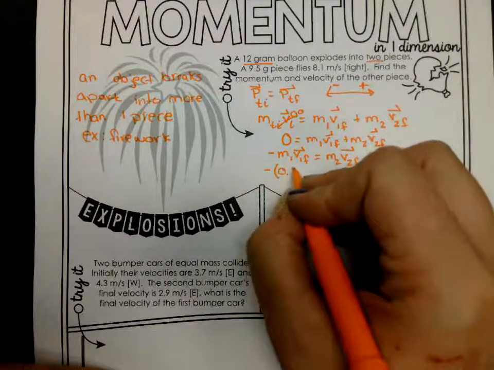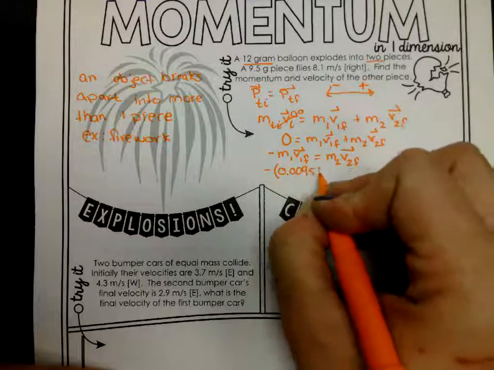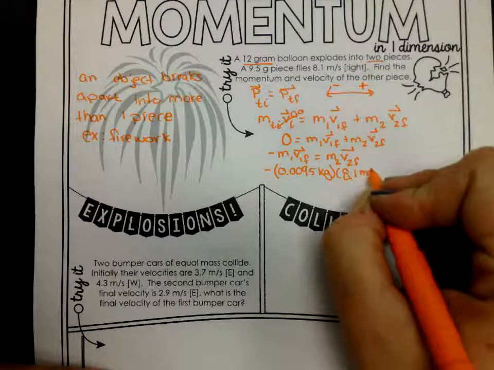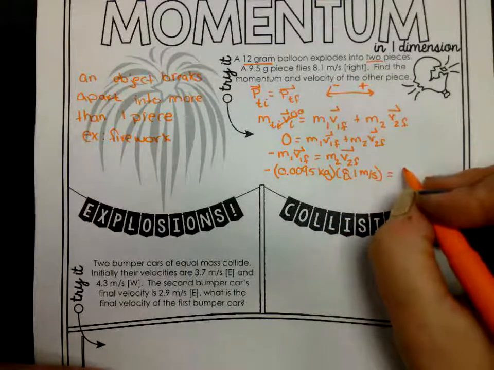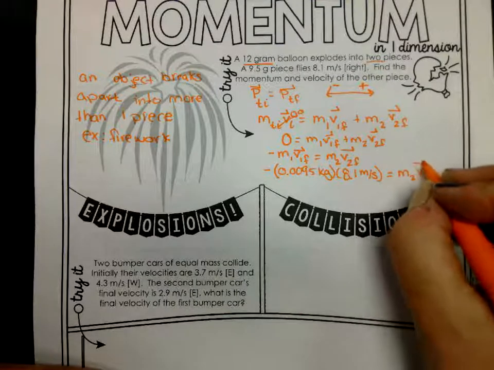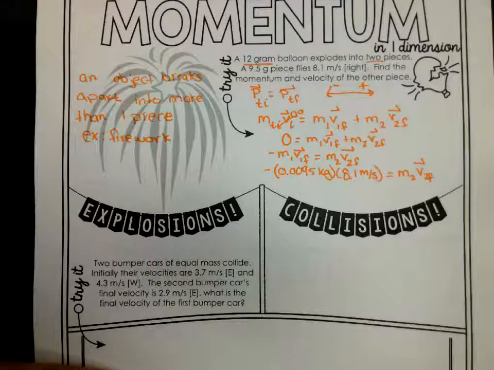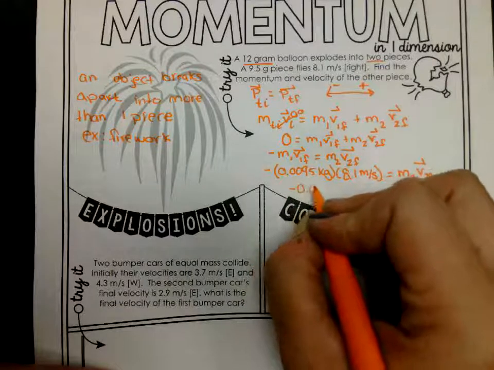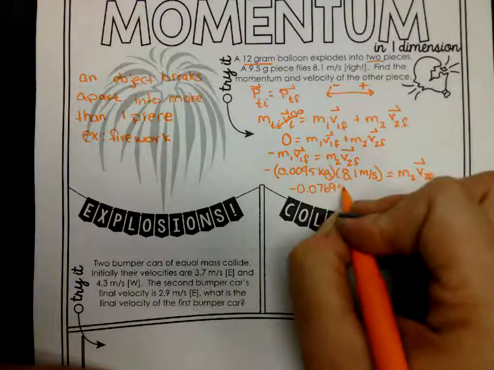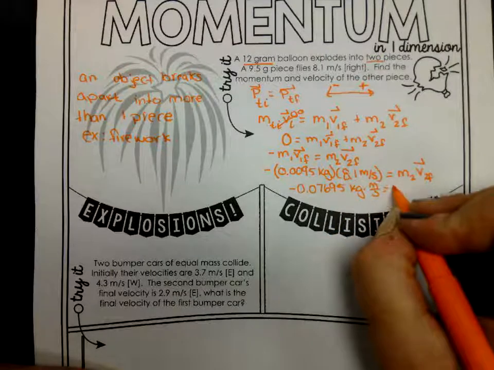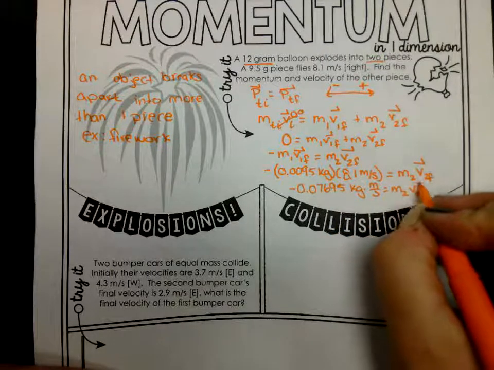So negative 0.0095 kilograms times 8.1 meters per second equals mass 2 velocity 2 final. Negative 0.07695 kilograms times meters per second is equal to mass 2 velocity 2 final.